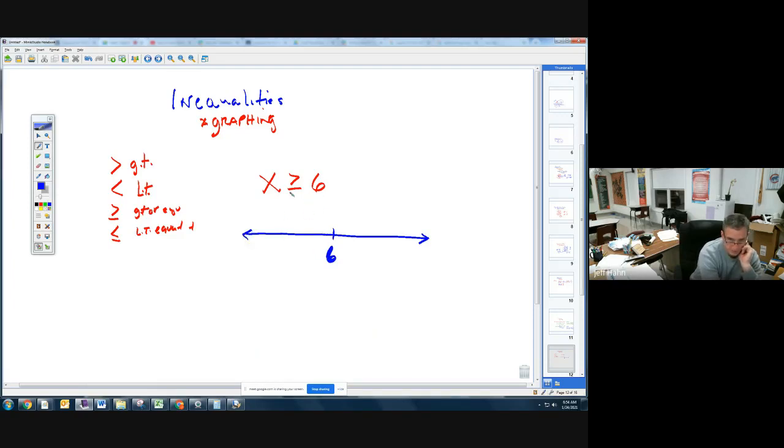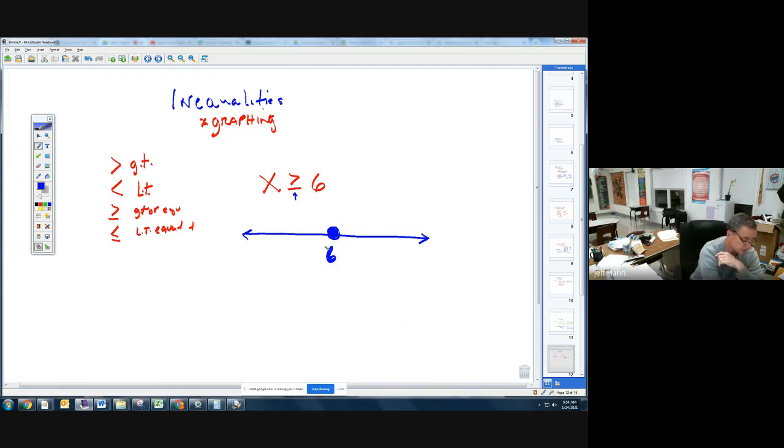Here's what you need to know. If there is an equal sign underneath of it, that means x could equal 6. That is one of the possible answers. So to show that, when you start here at 6, you have to color in the circle. If there was no equal sign there, this would be an open circle.